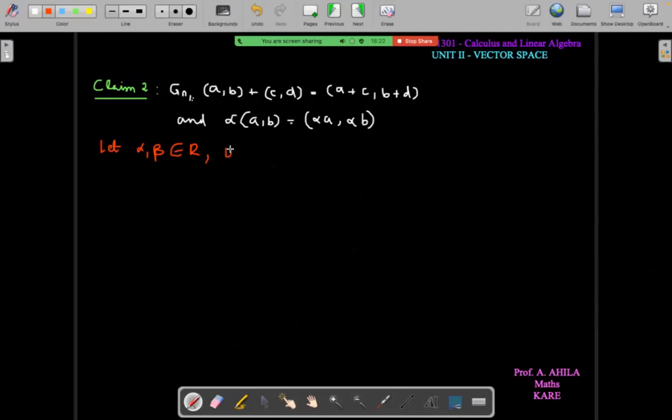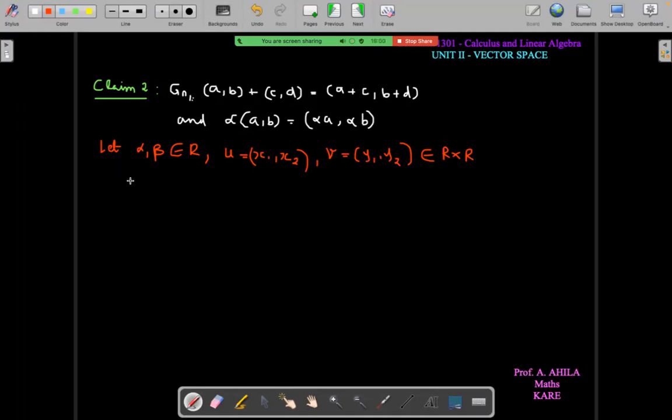And let us consider u as (x1, x2) and v as (y1, y2), both belonging to the set R cross R. So this is what we need to prove: R cross R is a vector space over R. So now we choose 2 elements from the field and 2 elements from the vector space R cross R.